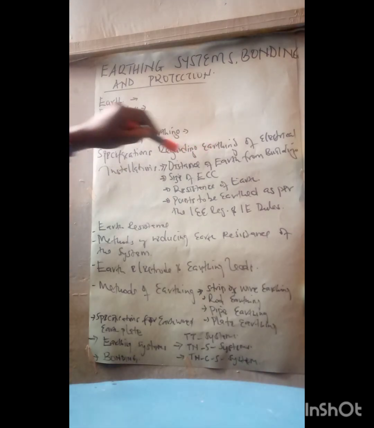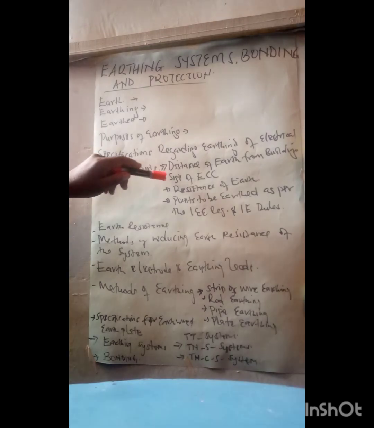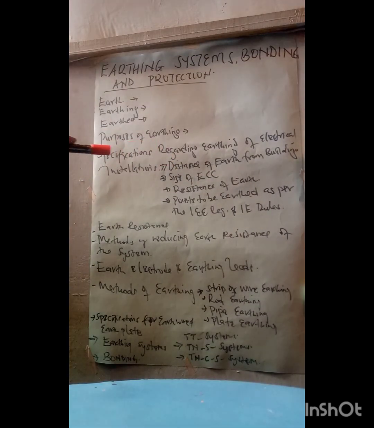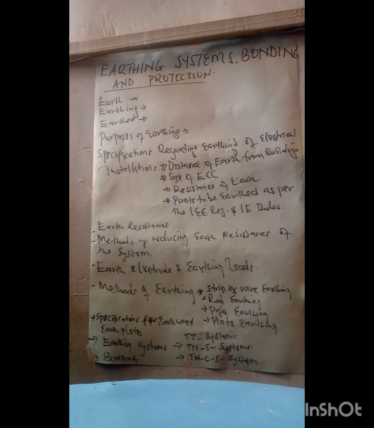And here we shall focus on distance of earth from the building, where actually you should have your earth pit, size of the earth continuity conductor, what size of cable you should use for your earthing, resistance of earth as per different soil, points to be earthed as per the IEE regulations or IEE rules.